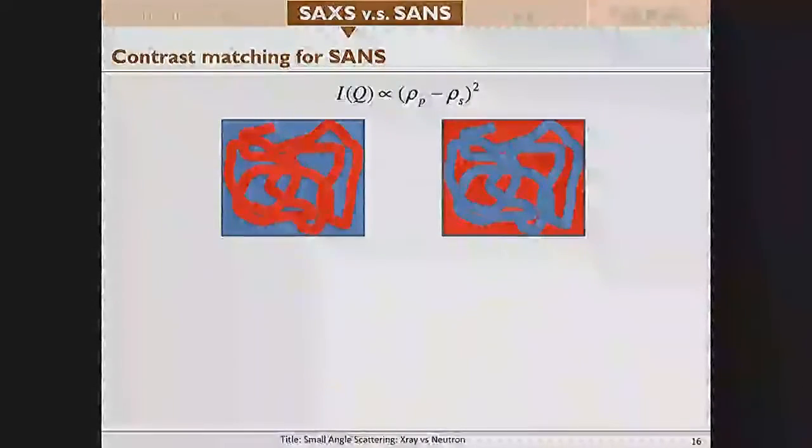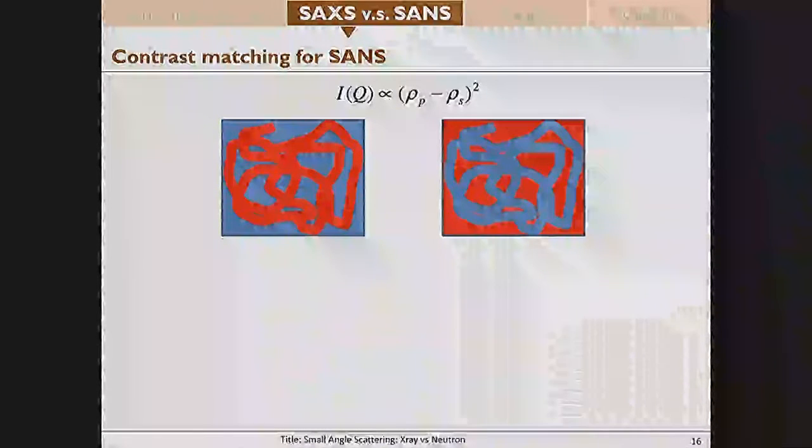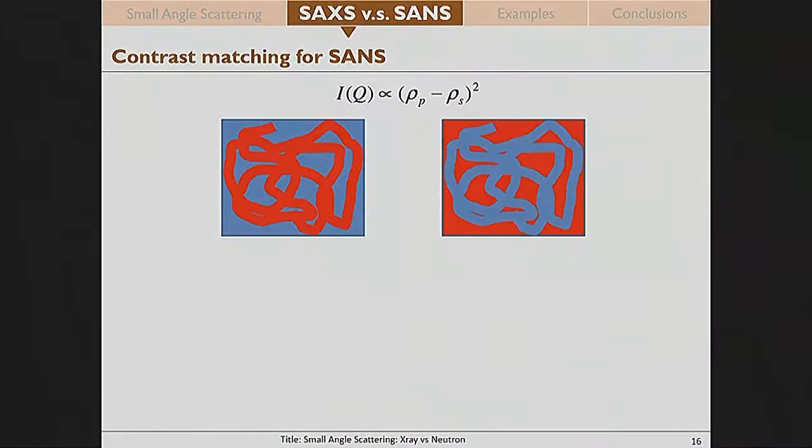One of the big differences between SAXS and SANS is that there's this contrast matching that you can play with in SANS. I know that's been mentioned a lot, but it's essentially because isotopes have different scattering cross-sections than the other isotope.